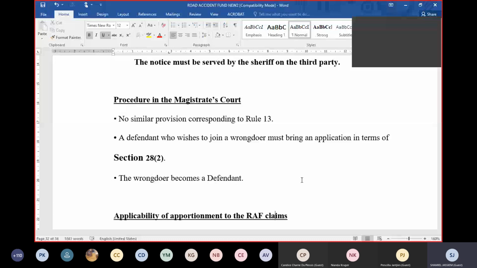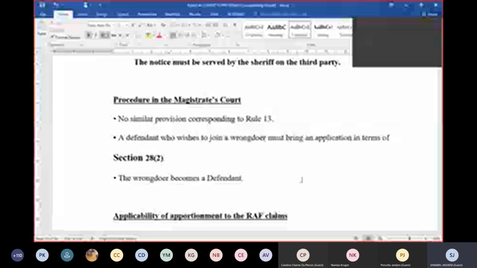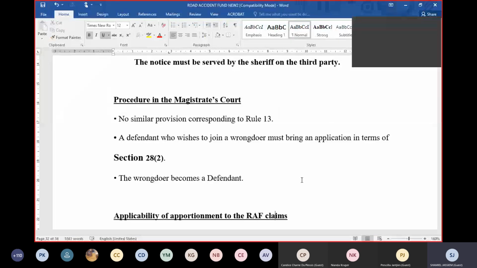They can't refuse to pay whatever other percentage. So how can they ensure that they get a court order against me for that 50%? Maybe let me rephrase it that way. But you're on the right track. You have to bring an application in terms of Section 2.2. Okay. Joined. Okay, let's consider that.